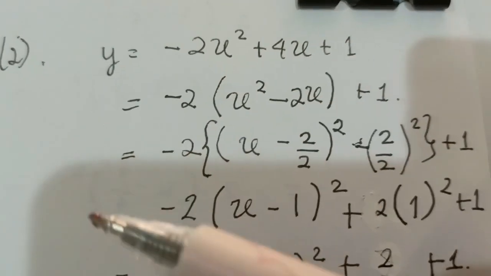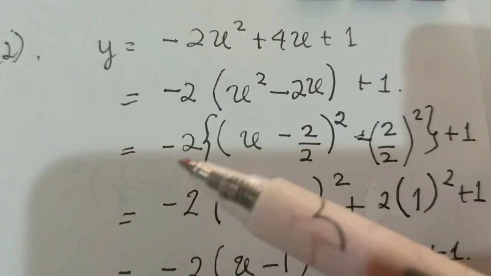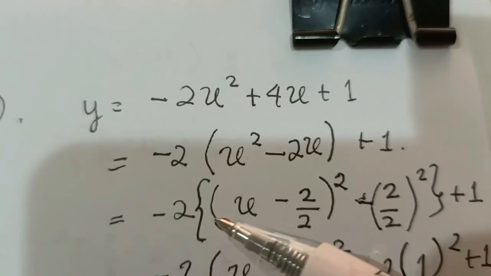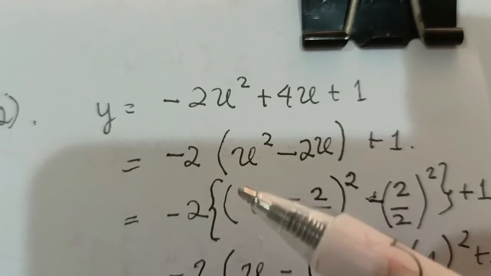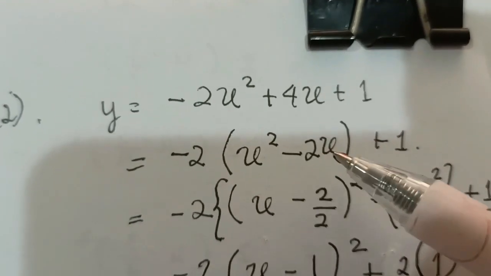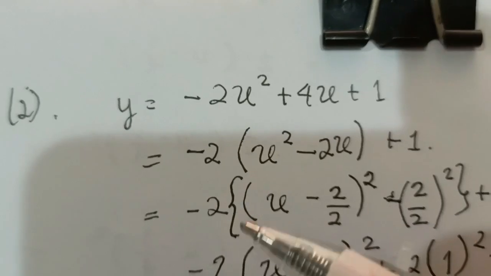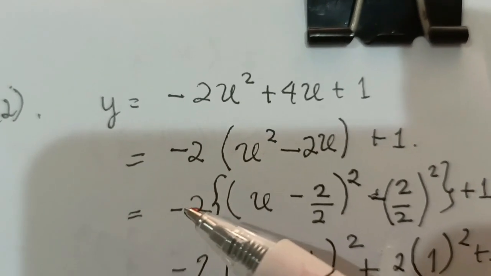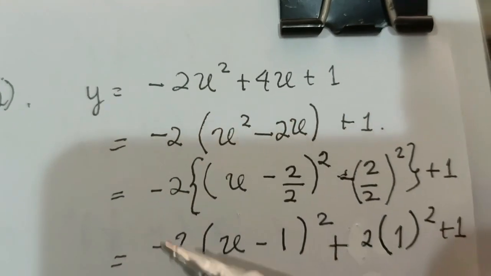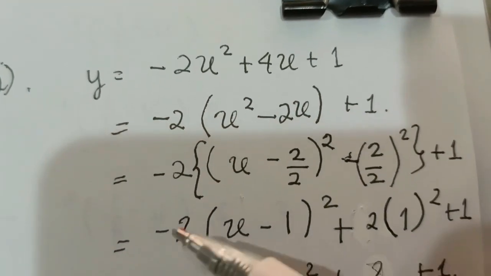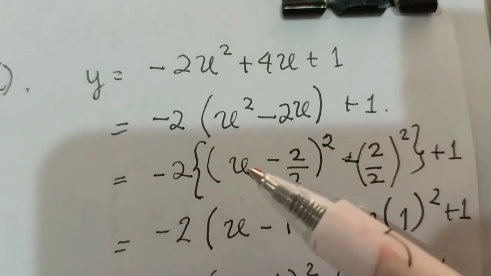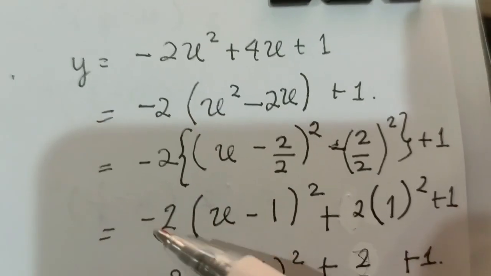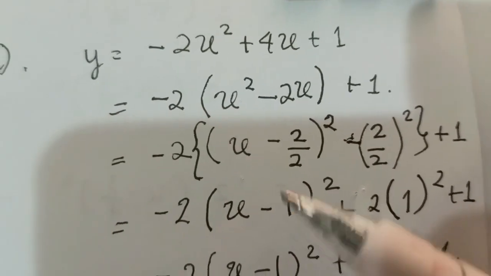So I'm going to recap once again. We are going to open the bracket here once again, because this is only this one without a 2. So we have to give the bracket over here if there is another number over here. Now, after doing this, we are going to open the bracket. Minus 2 multiply x minus 2 per 2 quadrat is becoming minus 2 in the bracket x minus 1 quadrat.